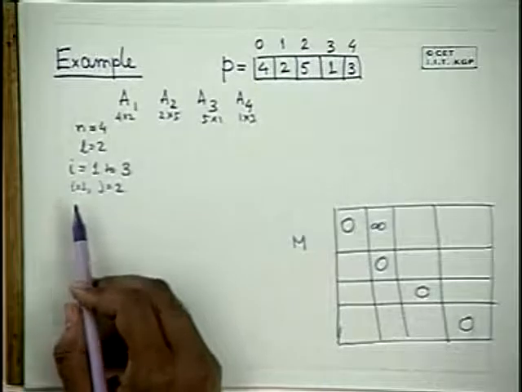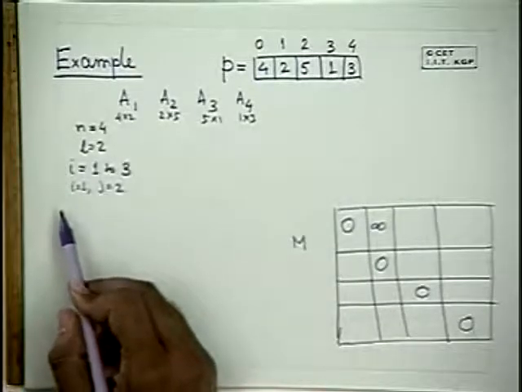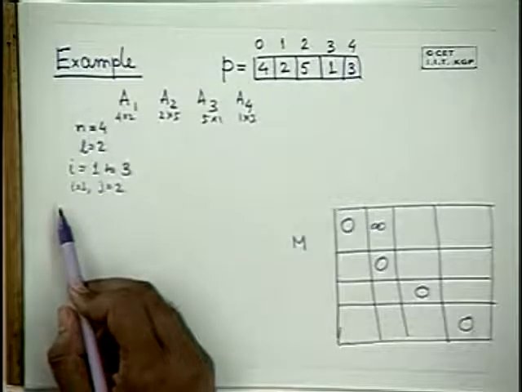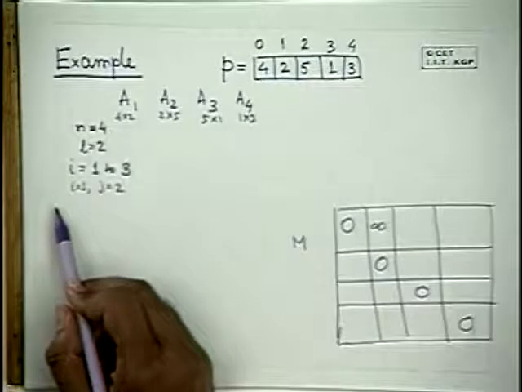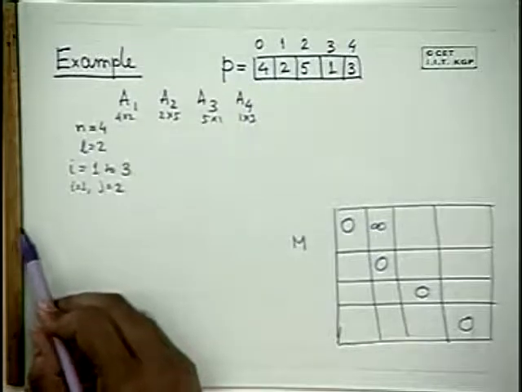Mult becomes Mik, what is Mik? M11. M11 is 0 plus Mk plus 1j, which is M22. M22 is again 0. So it is 0 plus 0 plus Pi minus 1 star Pk star Pj.